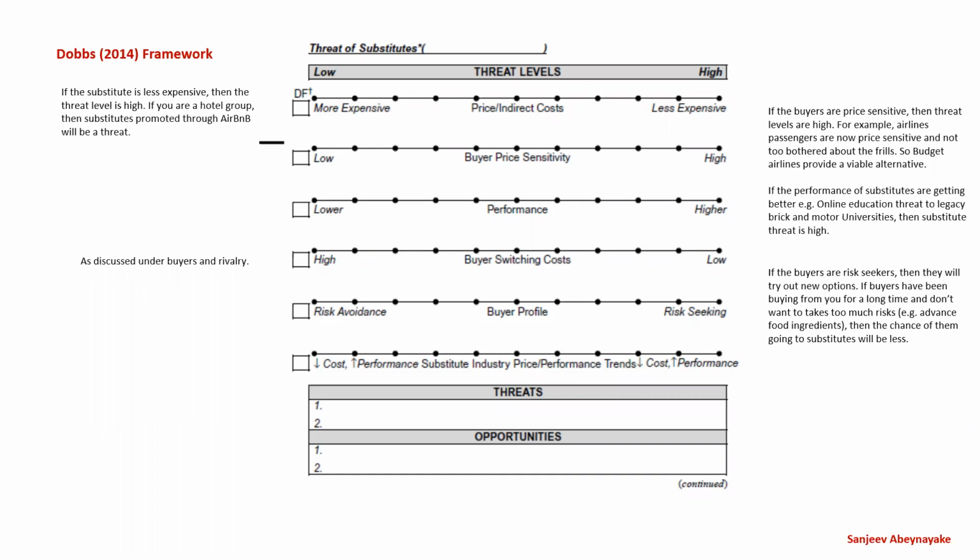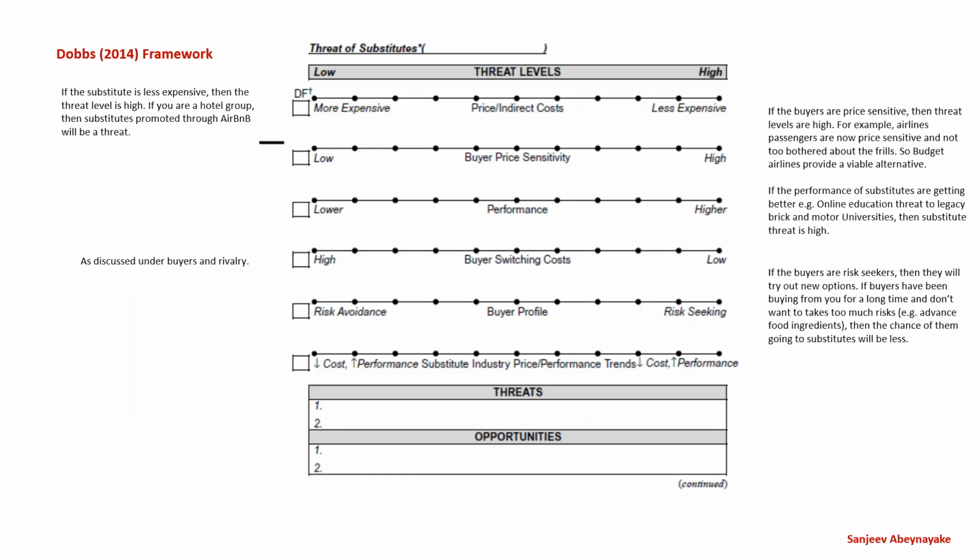For example, in the airline industry, between a budget airline player and a legacy airline player, if buyers are very price sensitive in that market, they will always go for the budget airline. So if you are the legacy airline, you will have a problem. And then the other one is performance. If the performance of the substitute is becoming better, then you have a problem.